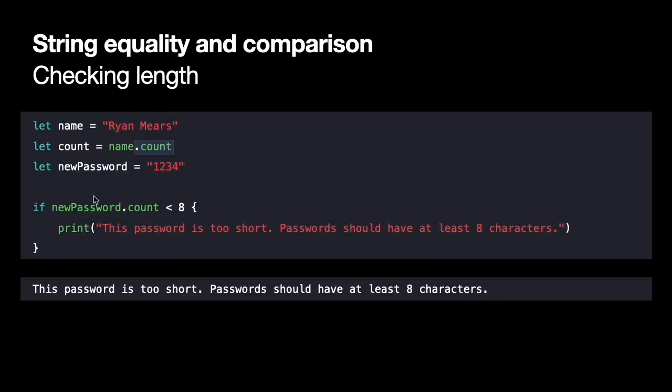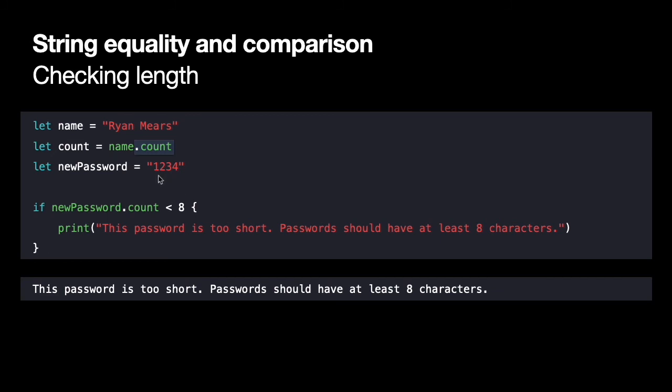We can use the count computed property to determine how many visible characters are in a string. So here we have name, which is a string constant, and then we can use name.count, and that would tell us that name has 10 characters. Here we create a new password, which is 1234, and then if new password.count is less than 8, then this code would be executed.